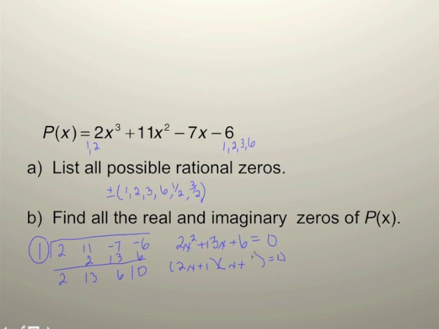How about 1 and 6? 1x and 12x would give me 13x. So x is negative 1/2 and x is negative 6. Notice these are here, negative 1/2, negative 6. They're in that list of rational zeros. So my rational zeros are 1, negative 1/2, and negative 6.